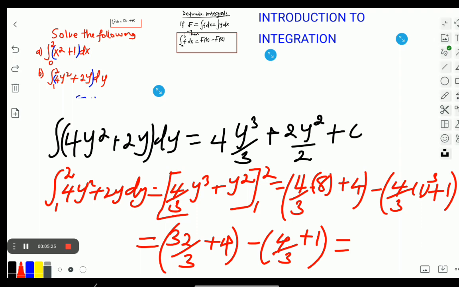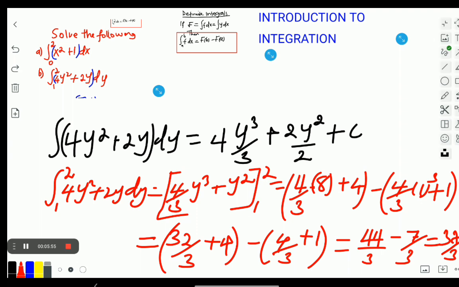If we solve this, it will be 32 out of 3 plus 4, that is 44 out of 3, minus 7 out of 3. And so the final answer is 37 out of 3. So that is the solution.